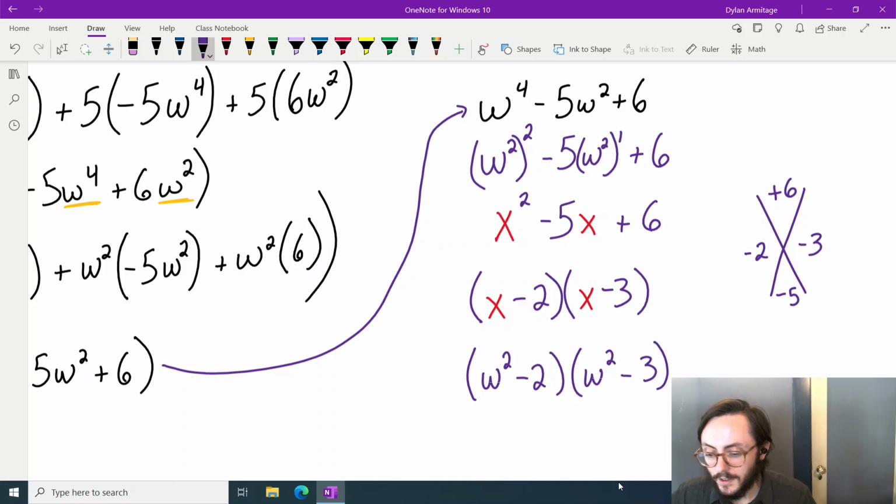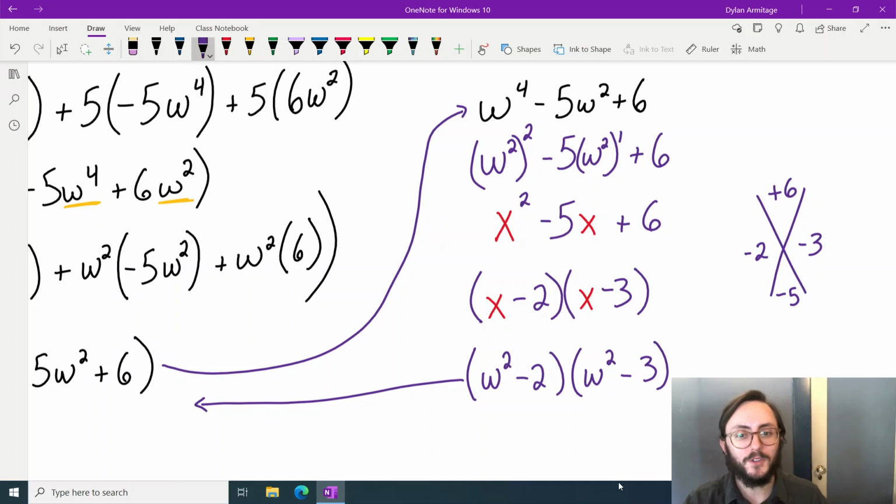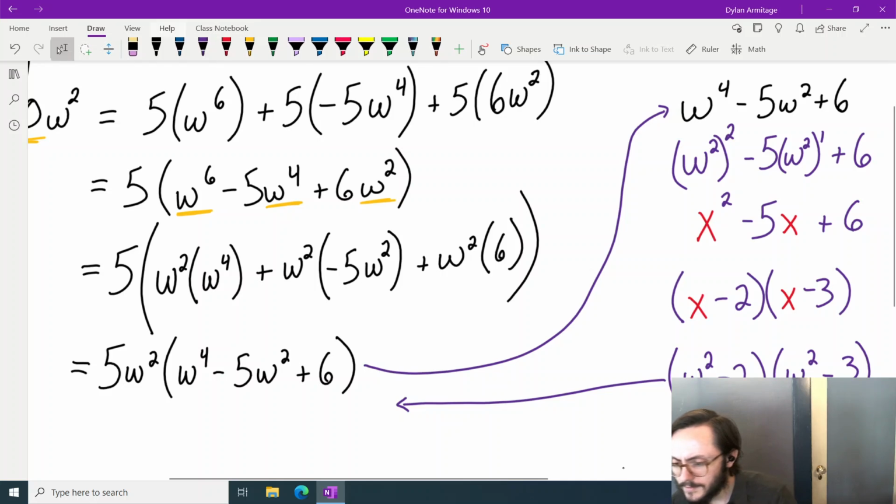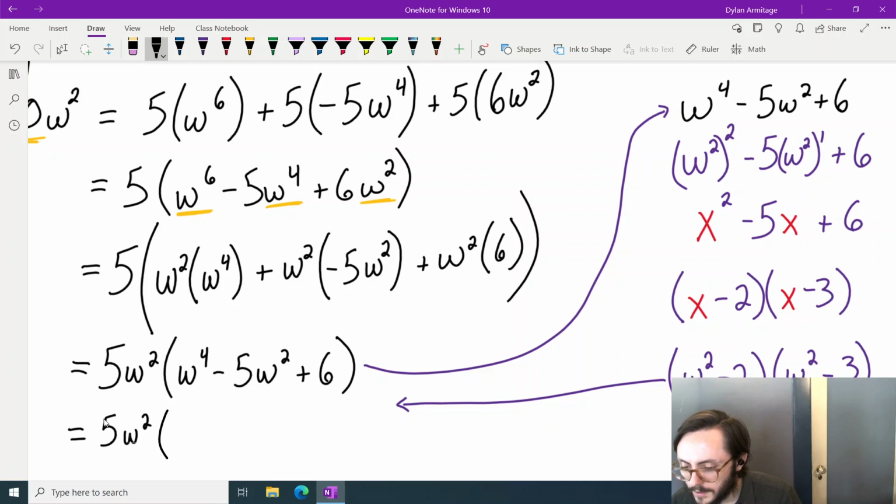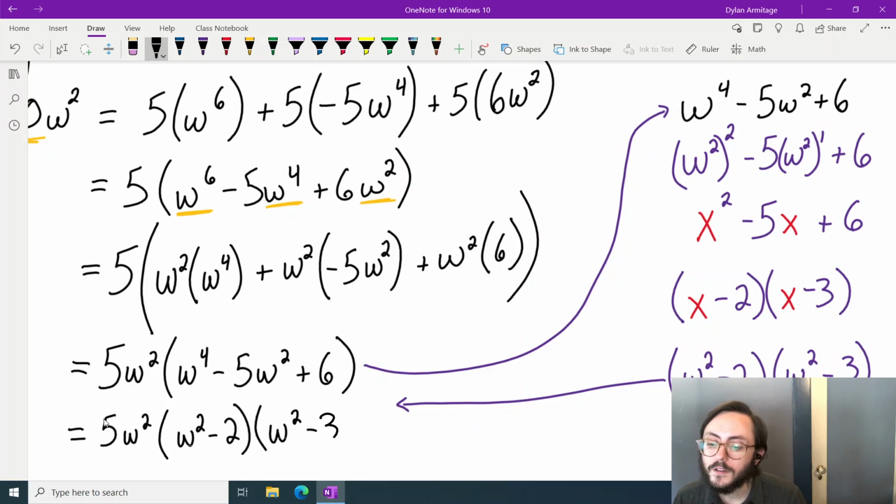And so now we can take this back in. We factored w to the 4th minus 5w squared plus 6 into these two factors here. So we would get 5w squared times w squared minus 2 times w squared minus 3.